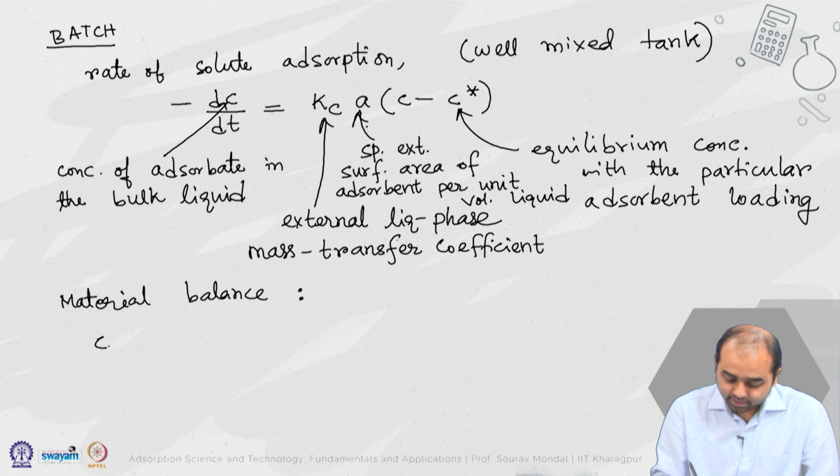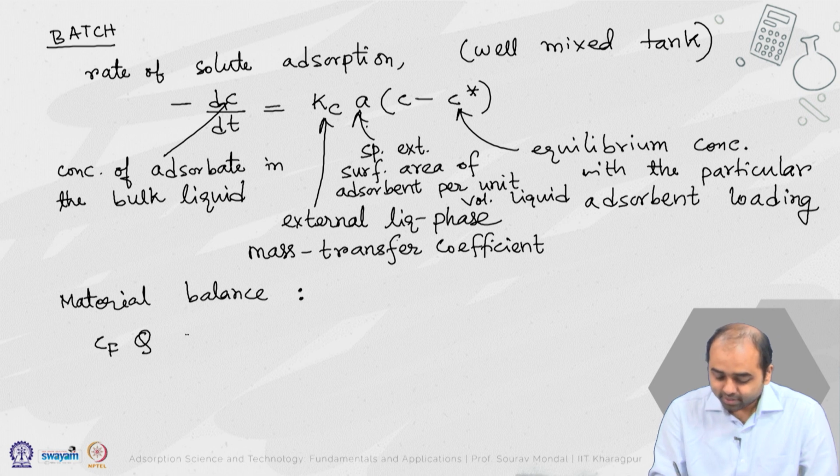So, where this C_f represents the feed concentration, V is the liquid volume, which gives you the total mass of the adsorbate initially in the system. This is equal to the value of C at any time t multiplied by the total volume.